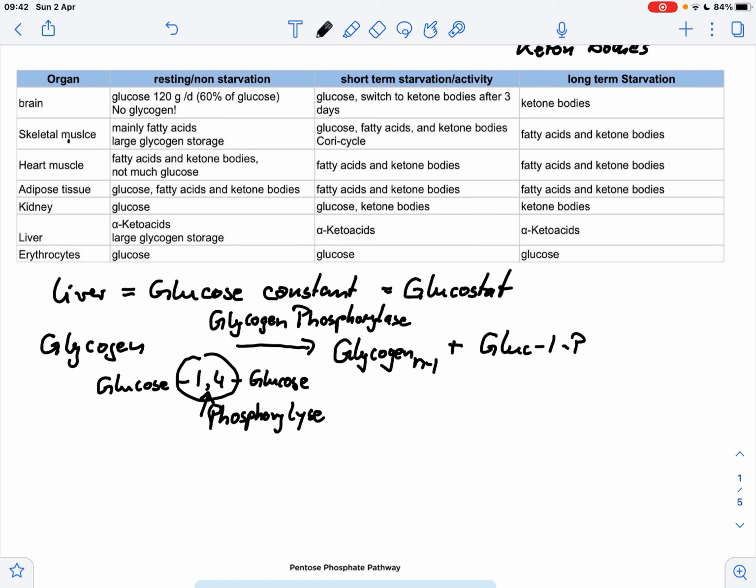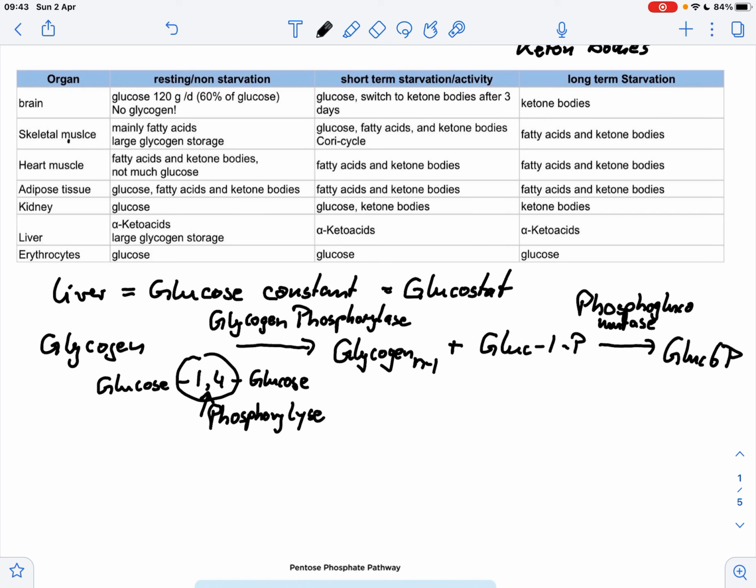So the 1 position becomes phosphorylated, which then, with the help of the enzyme phosphoglucomutase, is converted into glucose 6-phosphate.